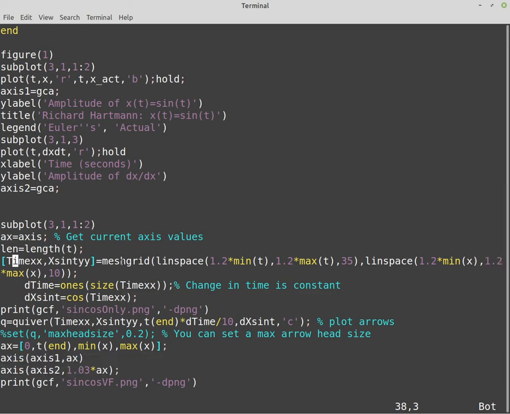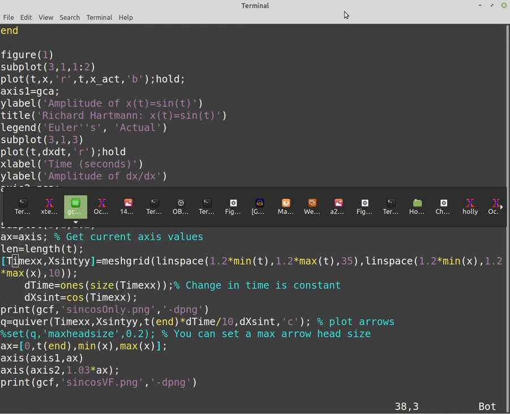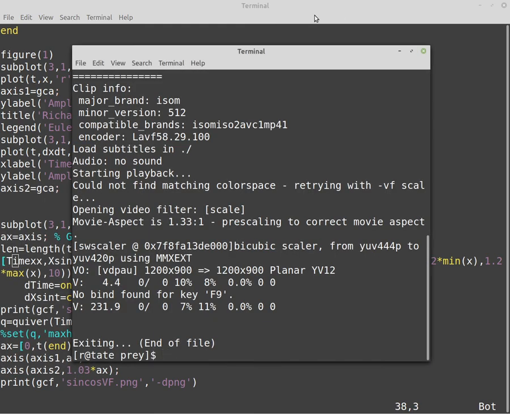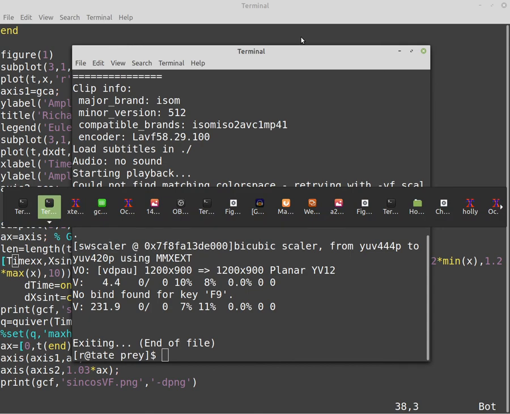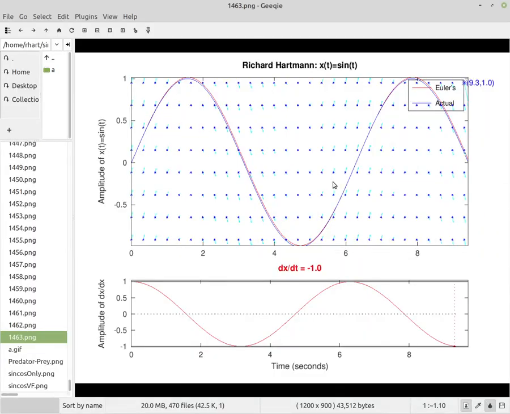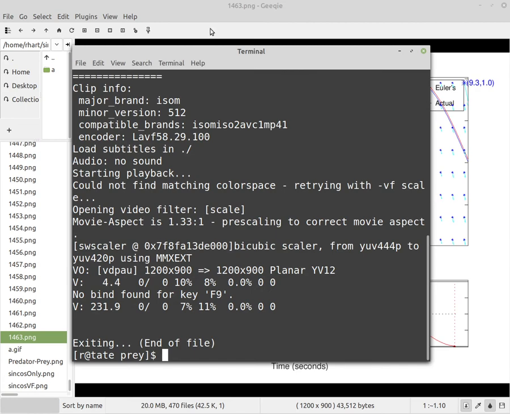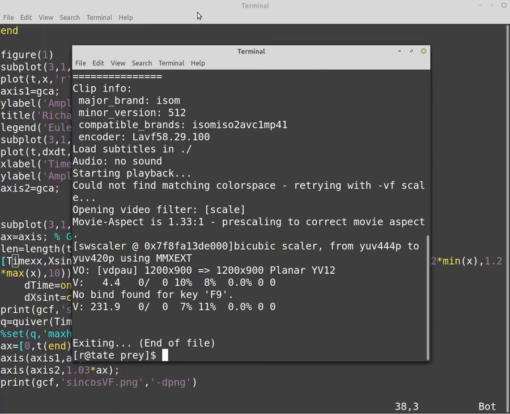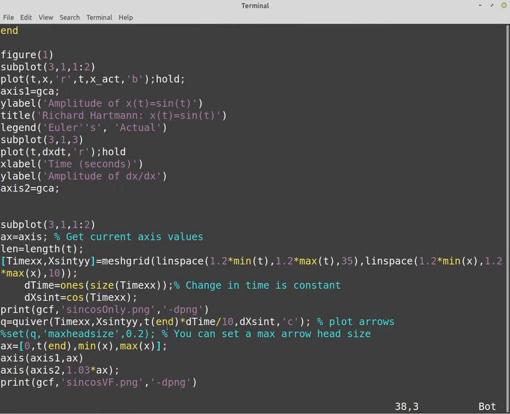Alright, but this right here, meshgrid, just builds up the matrix of all those dots on that graph. Okay, so when you look at this, all those blue dots, the meshgrid command is just picking those blue dots. And then once we've done that, we use the quiver.